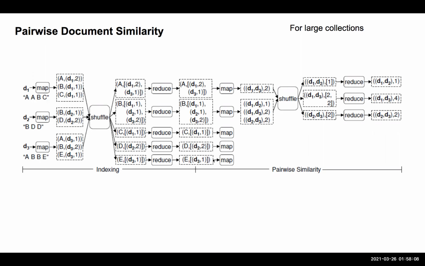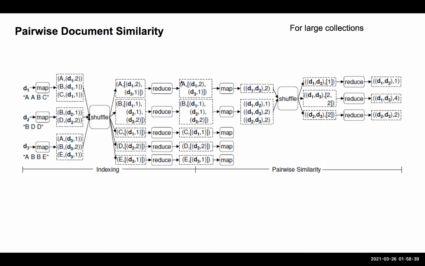After that, you do the pairwise similarity analysis. You look into each term. If the term only has one document, which means it's unique to that document, it doesn't have any other documents to compare with, so it will stop further analysis.